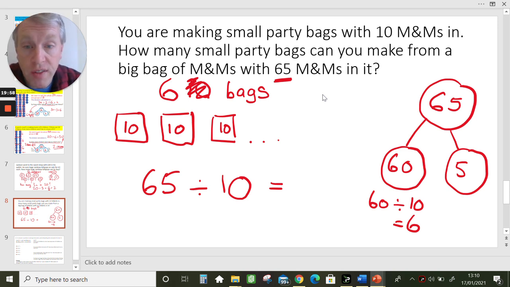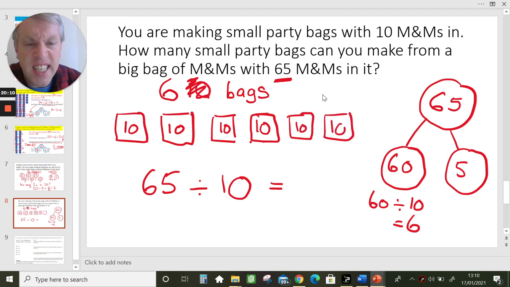And if we drew it, that's what it would look like. 10 in the first bag, 10 in the next bag, 10 in the next bag. So now we're up to 40, 50, 60. We can't make another bag, 70.